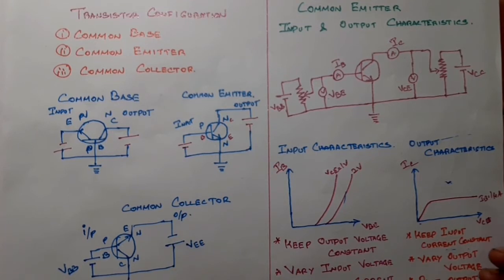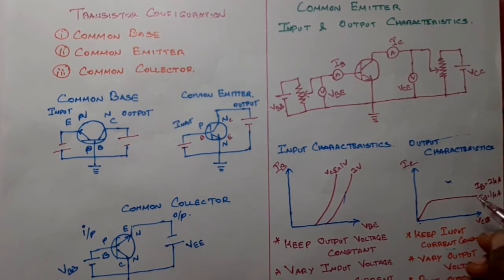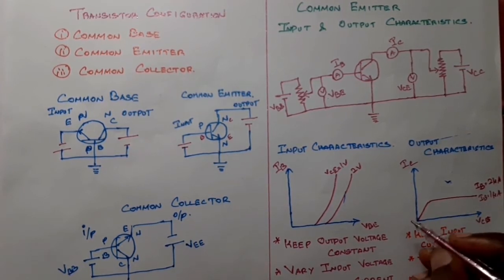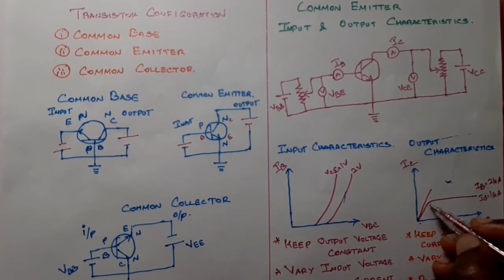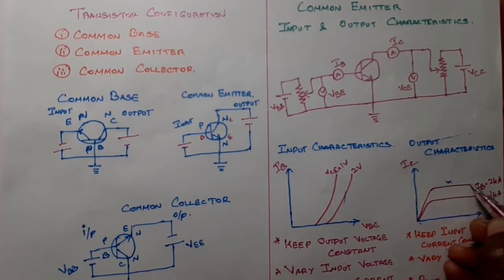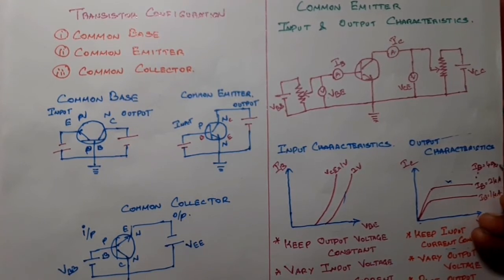Then I vary the input current to 2 microampere and do the same operation. The output current increases more than the previous value and then becomes constant. Likewise I do more values, up to IB equal to about 40 microampere.